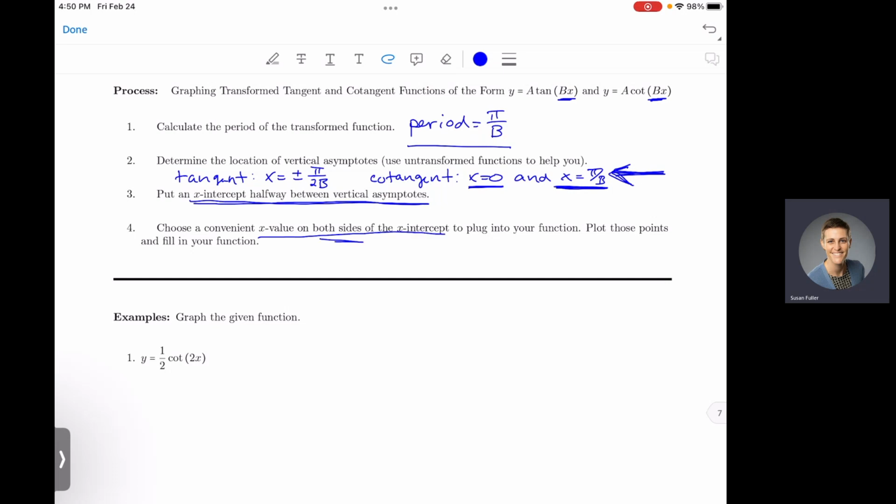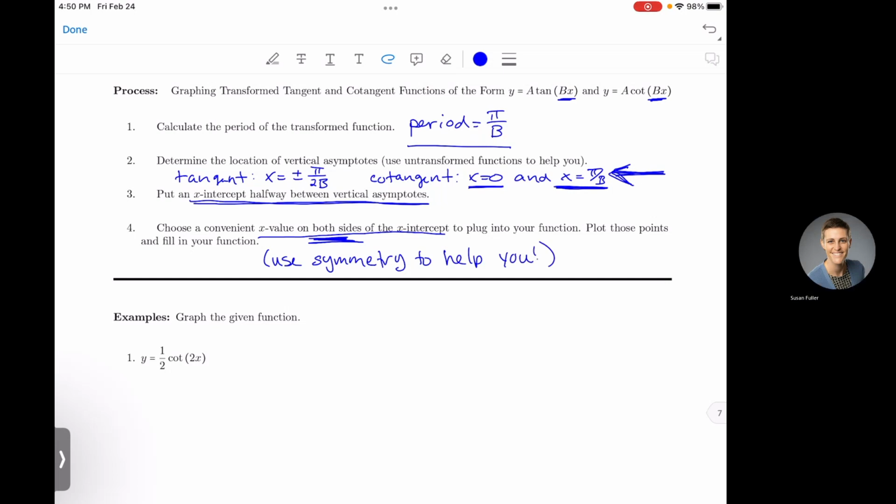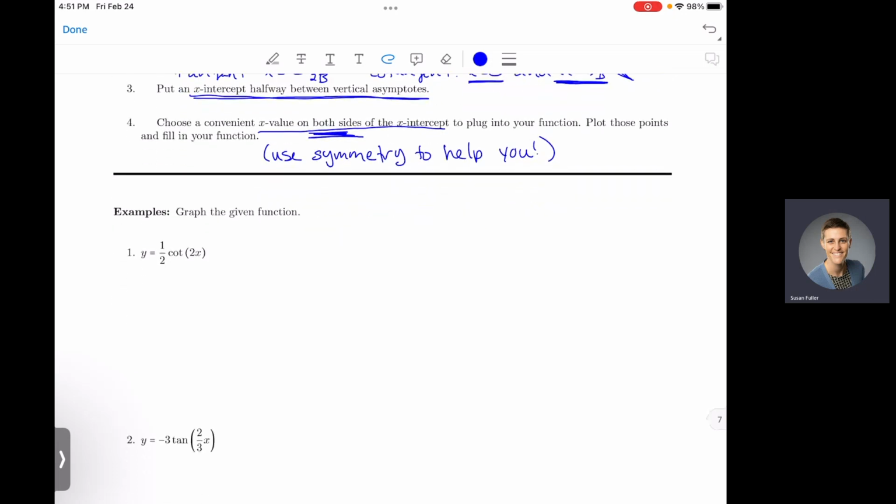This says on both sides, but you really just have to do one, because we're going to use the symmetry of this function to help us. So you pick that x value, plug it into your function, and that will tell you what y is, and then you can fill in your function.